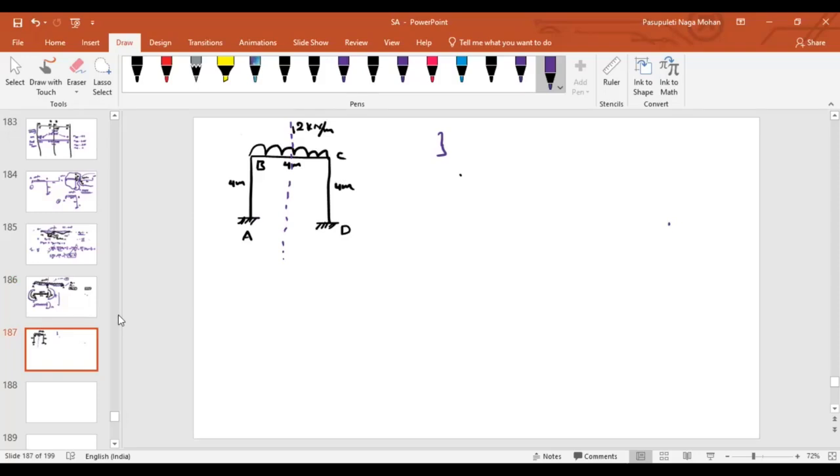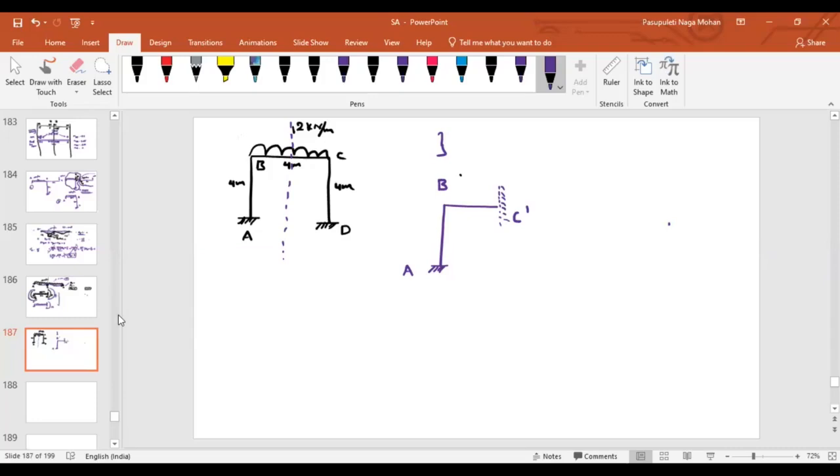If we have to apply, on what basis should we apply? As we discussed in the previous case, at the symmetry of the section I am imagining this as a fixed support. This is A, B. As it is not exactly at the support, I am just imagining it as C dash.